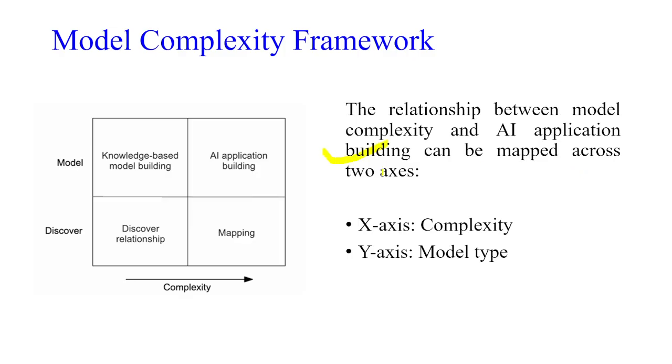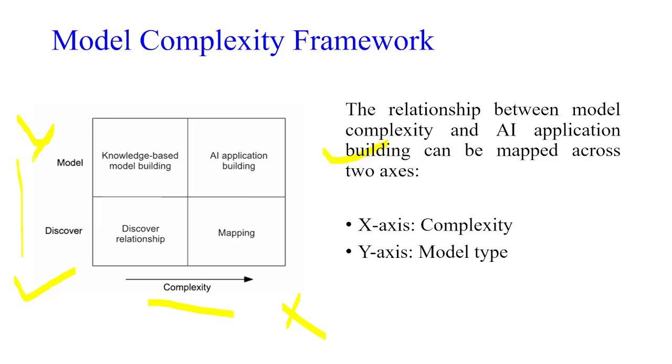You can see here, this framework is mapped across two axes. You can see this diagram. The x-axis represents the complexity, and the y-axis represents the model type.